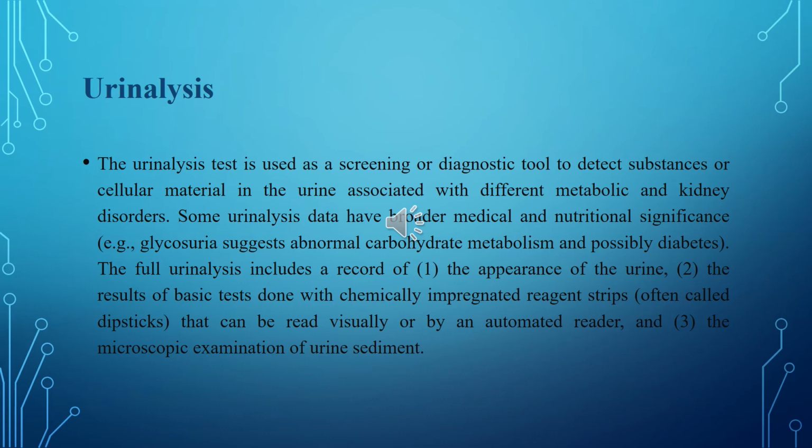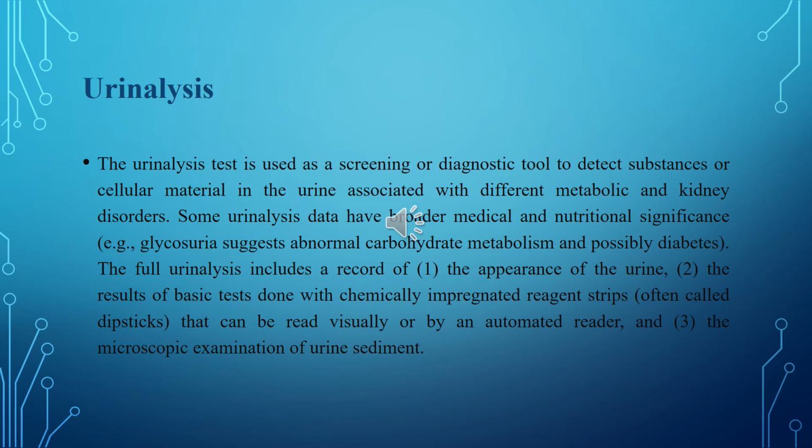Glucose is mostly positive in those with diabetes mellitus or in the starting stage of the disease. Ketones are positive in those with uncontrolled diabetes, or if there is fever, anorexia, GI issue, vomiting, fasting, or starvation.